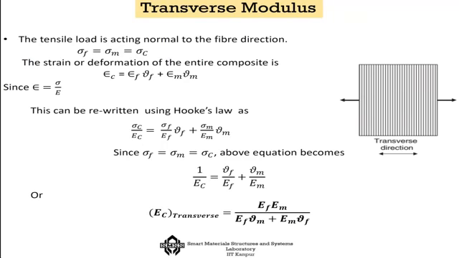So what I get is 1 over Ec equals Vf over Ef plus Vm over Em. In other words, Ec here is Ef Em over Ef Vm plus Em Vf, or you can also write it using this particular relationship. So that is the composite modulus in the transverse direction.